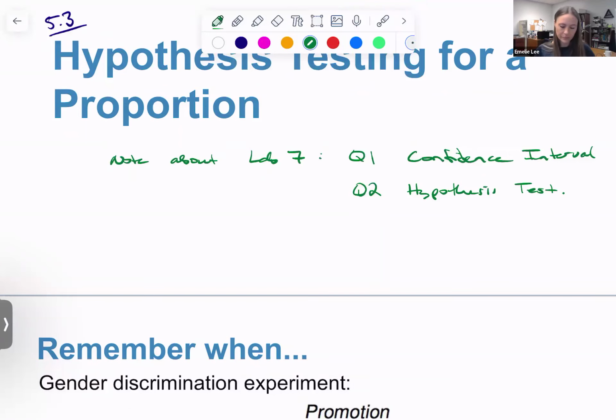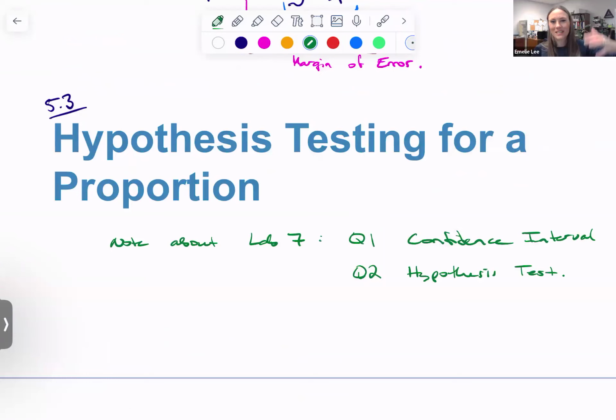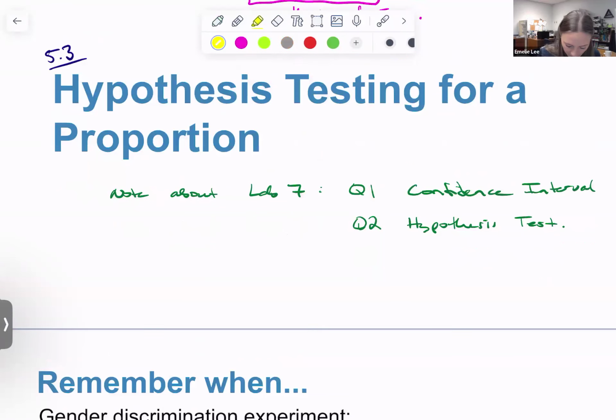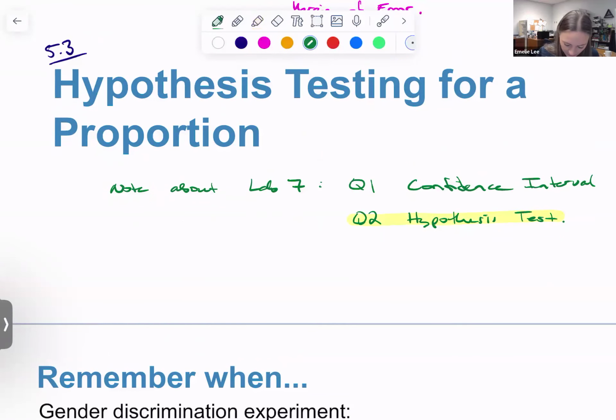But I make these due dates way out in advance for that reason, because we have early labs and it gets a little bit bungled. That's why I'll highlight this, which is what we're doing today.